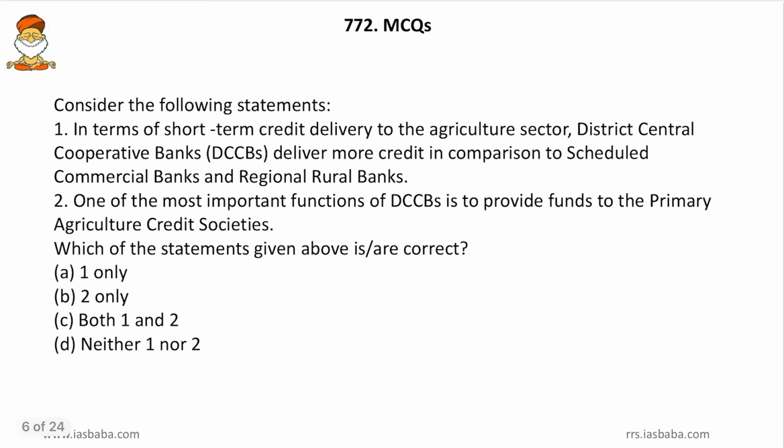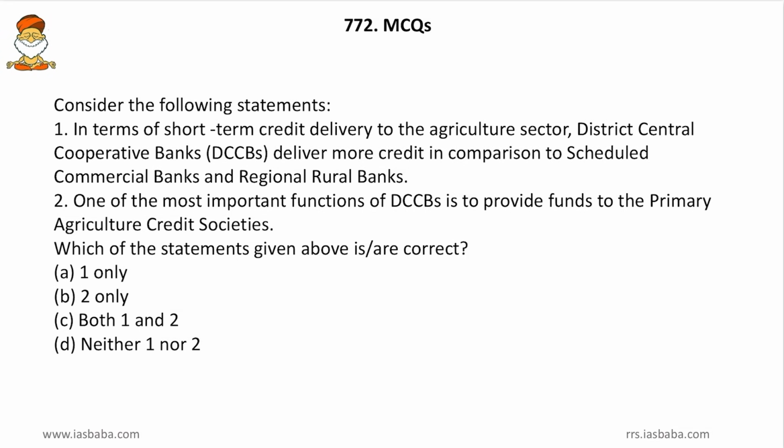Consider the following statements. In terms of short-term credit delivery to agriculture sector, the district central cooperative banks deliver more credit in comparison to scheduled commercial banks and regional rural banks. So friends, here the statement is moderate. We keep it for further consideration. Then one of the most important functions of DCCBs is to provide funds to primary agriculture credit societies.